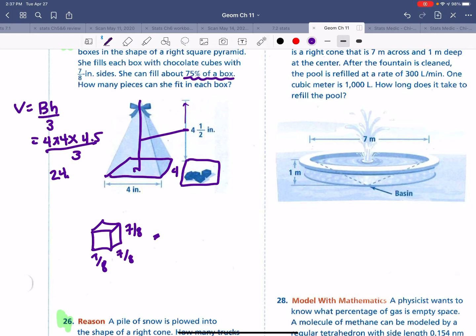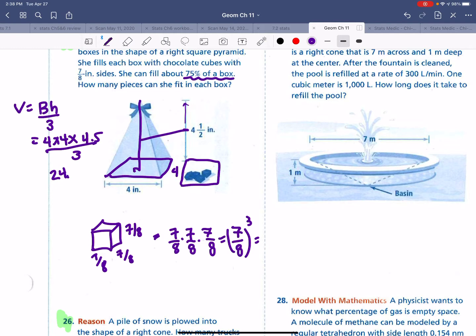Let's see what these little guys are. So I have 7 divided by 8 times 7 divided by 8 times 7 divided by 8. That's what they mean by 7/8 cubed. So 7 divided by 8 is a decimal.